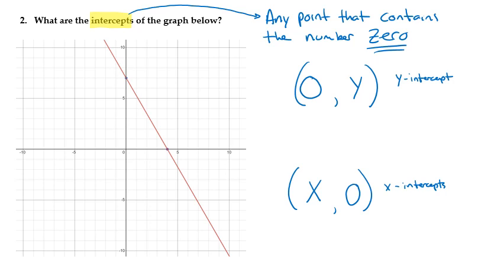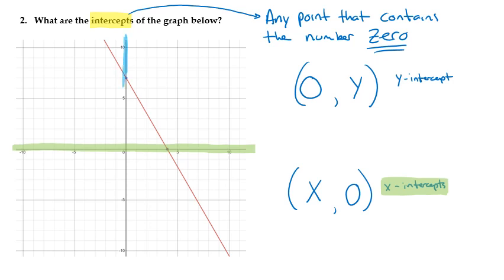So what does that mean on the graph? Well, if a point contains the number 0, then that point has to be somewhere on the x-axis if it is an x-intercept. Somewhere on the x-axis if it's an x-intercept.